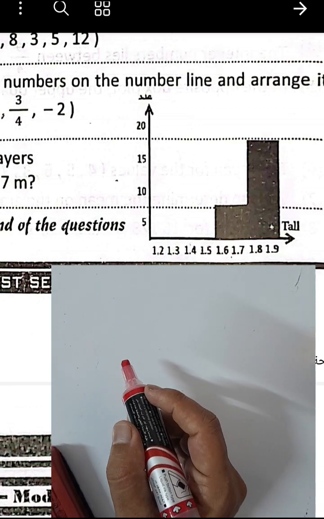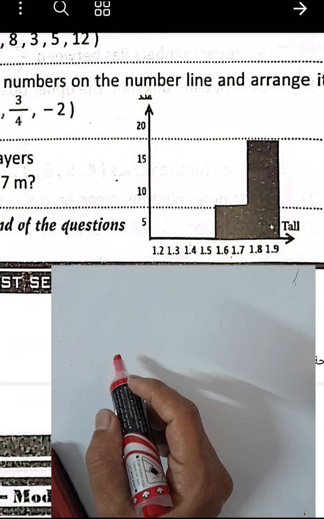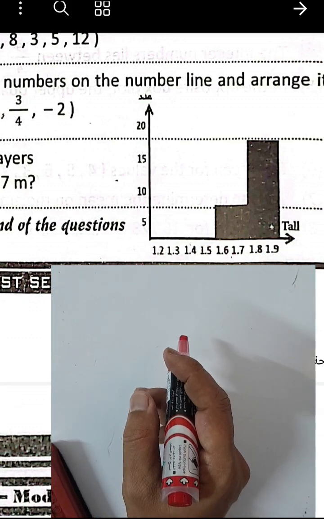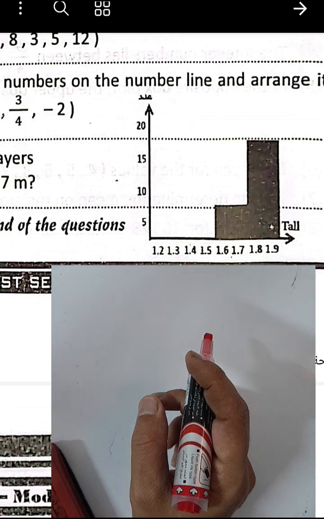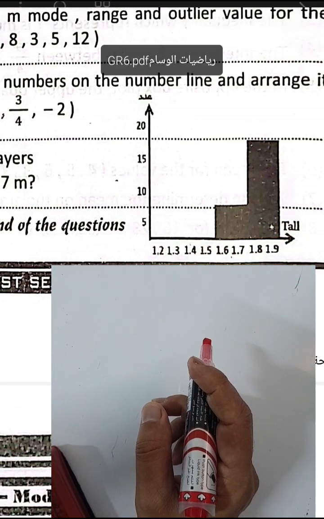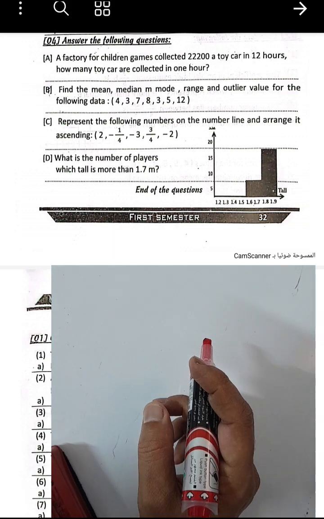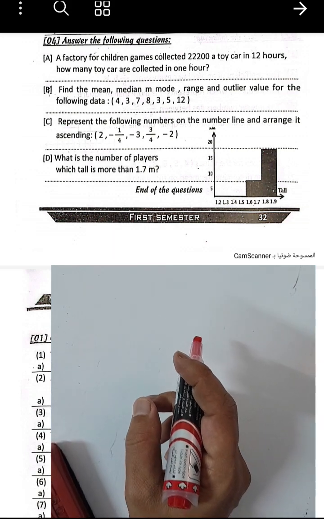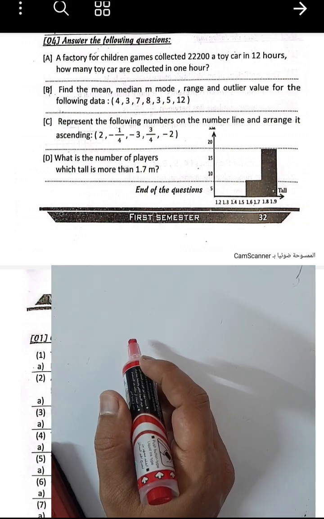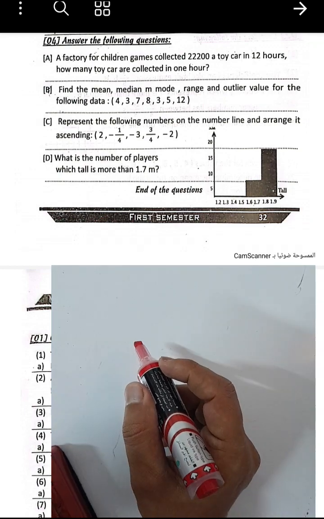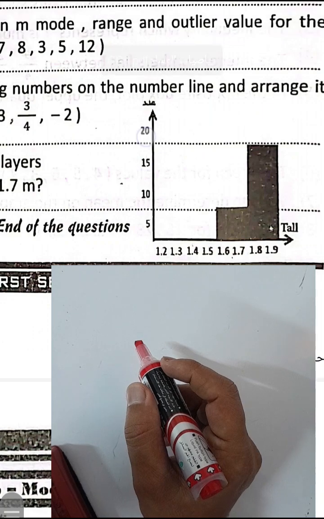It's not clear to you, okay? But you must put the numbers, this interval here lies between 15 and 20. It will be what? 17.5, because the difference, or the middle between 15 and 20, will be 17.5.